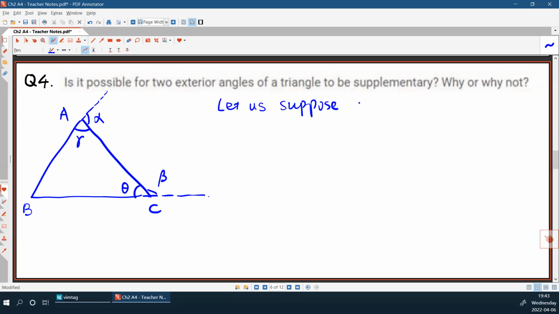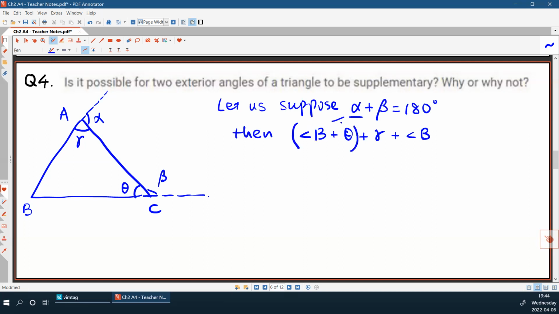So let us suppose the sum of alpha and beta equals 180 degrees. Let's suppose this is possible and see what will happen. Then, because alpha plus beta equals 180 degrees, then angle B plus theta plus gamma plus angle B, because alpha equals the sum of the two remote angles, right?